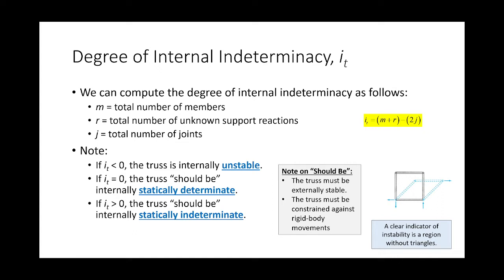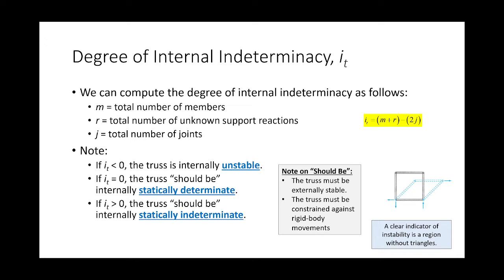Beyond that, with I_T being non-negative, and I'll admit this is the tricky one, and I don't really expect you to see this very easily, the other condition is that the truss must be constrained against rigid body movements. That's kind of tough to see. I will blanketly admit that.